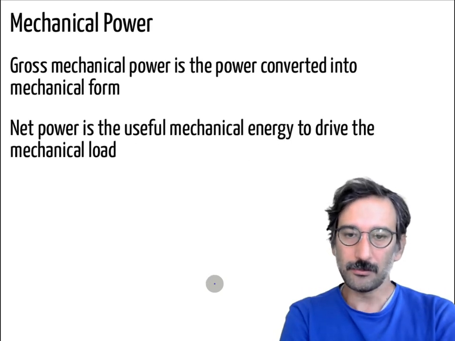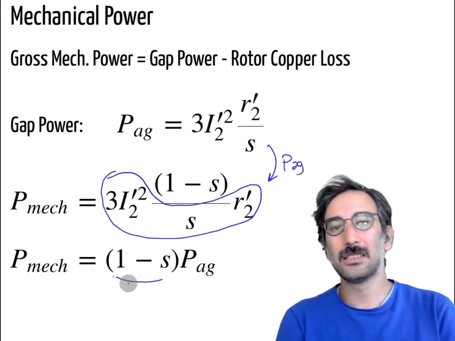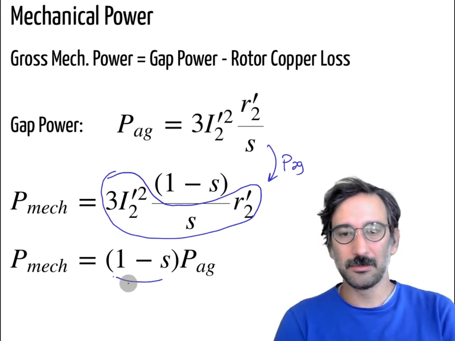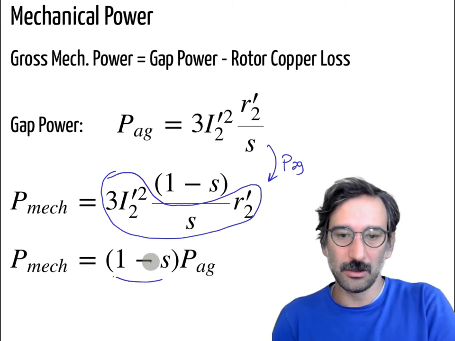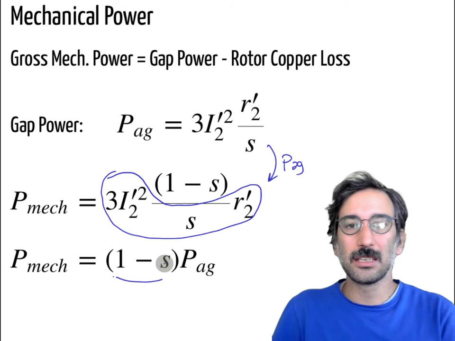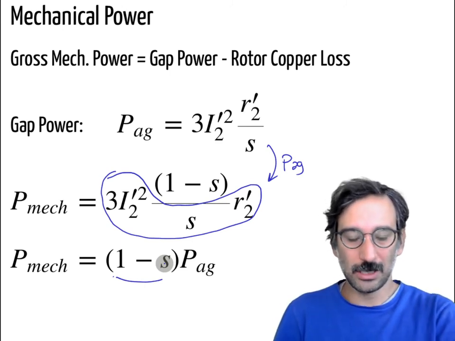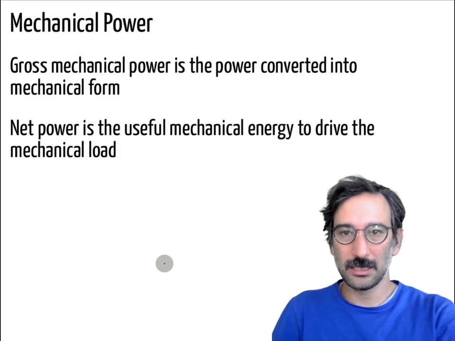Another interesting point we will discuss: there will be some cases where slip can be negative or slip is larger than 1, and we will discuss those cases as well.